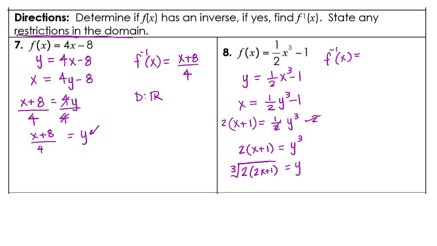So f inverse is going to be the cube root of 2 times x plus 1, sorry folks. Now, as far as a domain restriction, we're not going to have any because we're talking about a cube root, not a square root. So here, our domain would be all real numbers again.